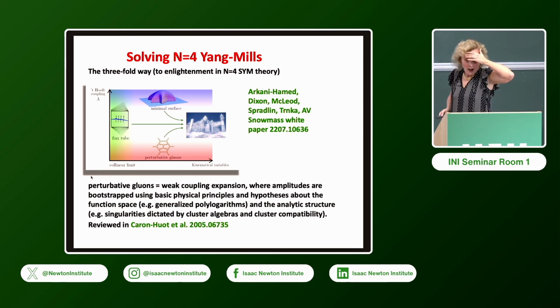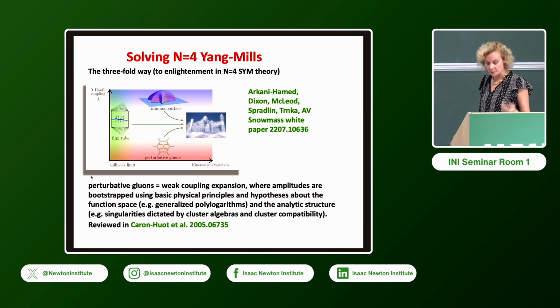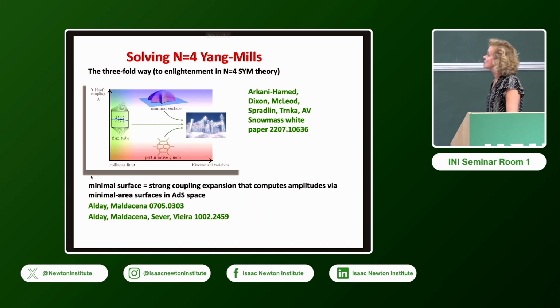There are bootstrap techniques where, making certain ansatzes and hypotheses about the singularity structures, we can make a lot of progress. This review doesn't cover everything, as there's been more development since then, but I think it is a good starting point.